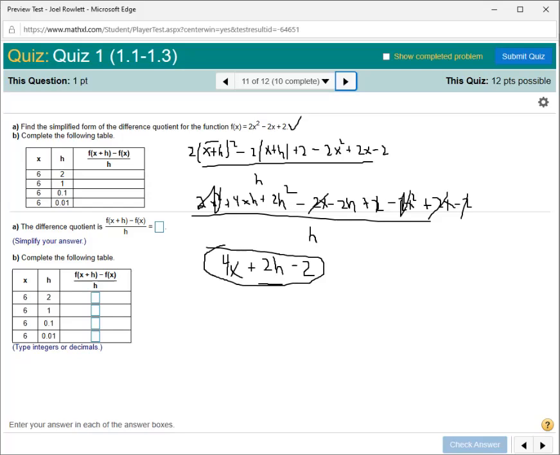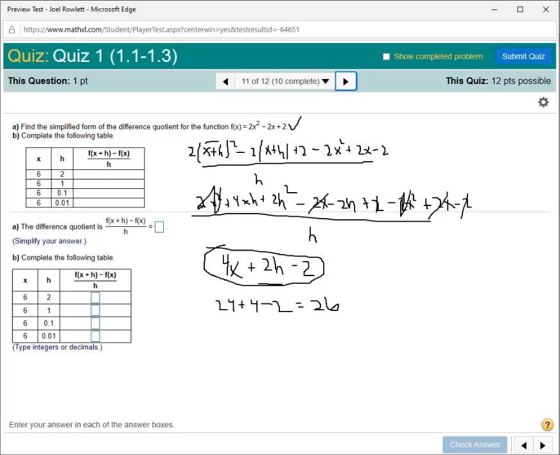Well, part B says, on the first row, that x is 6. If x is 6, 6 times 4 is 24. It says h is 2, so add 2 times 2, which is 4, and then subtract 2. That's going to leave me 28 minus 2, which should be 26.